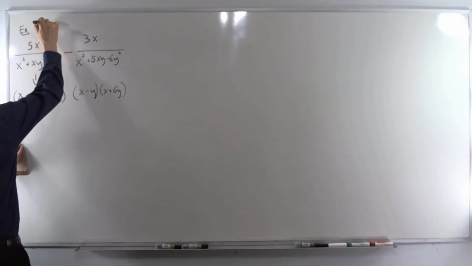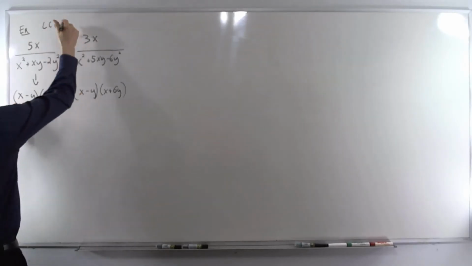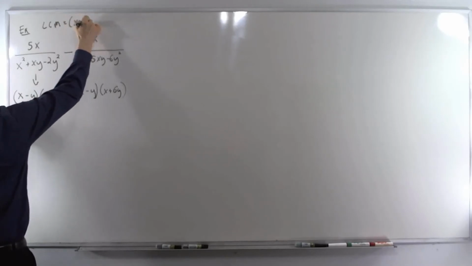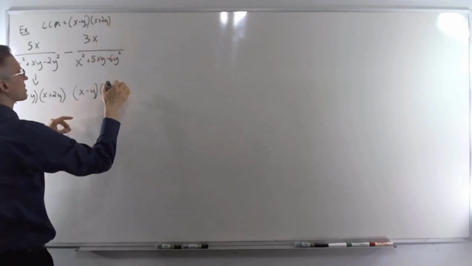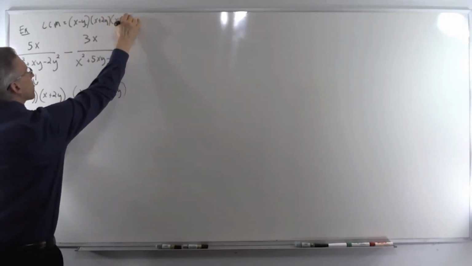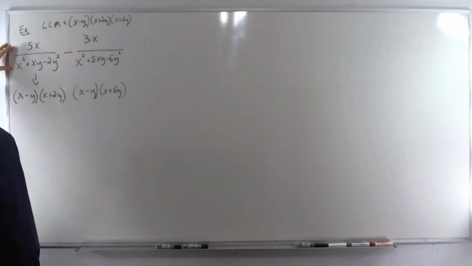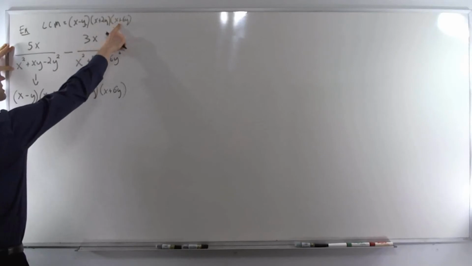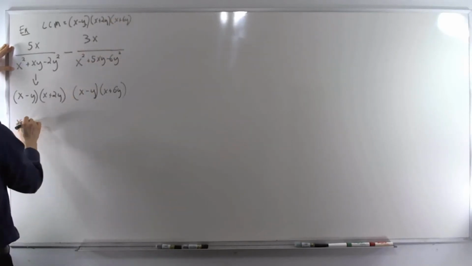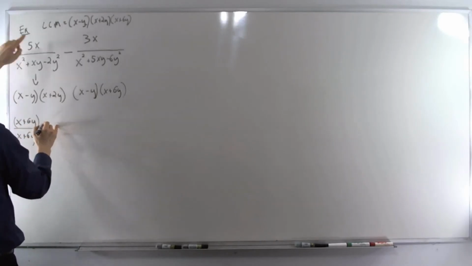So our LCD, our LCM of the denominators: we have x minus y, there's one base, we have x plus 2y, and we have x plus 6y. All right, so there's going to be our common denominator. We need all three of those. So this one is missing x plus 6y. So we're going to multiply x plus 6y over x plus 6y times this fraction.